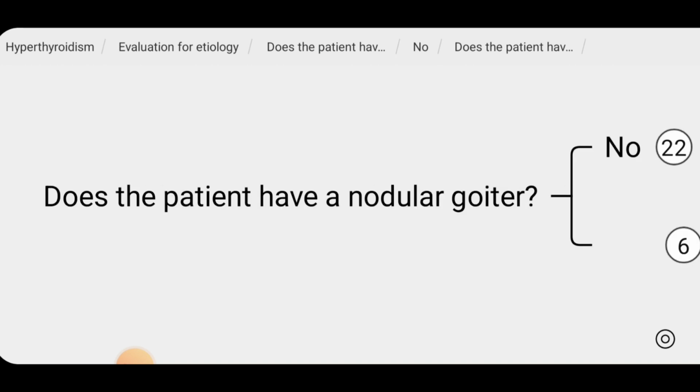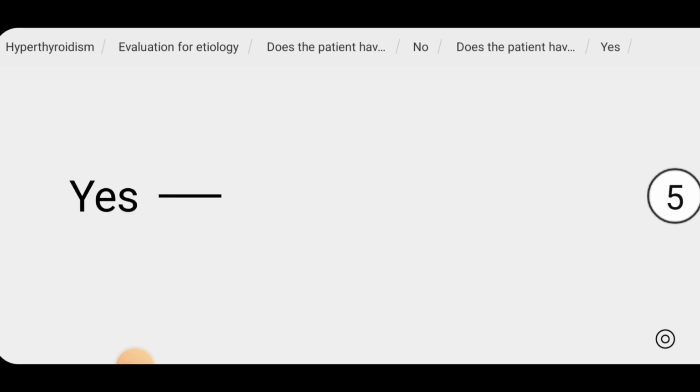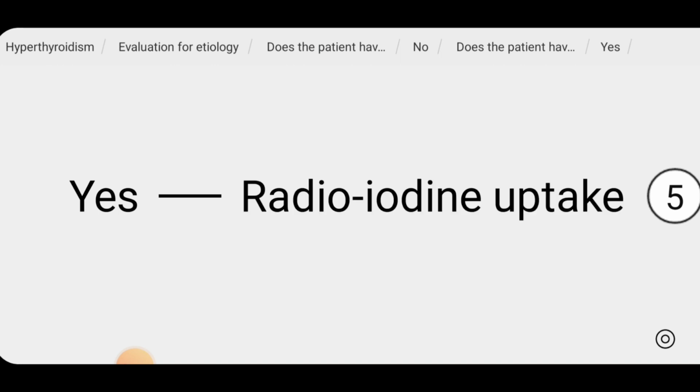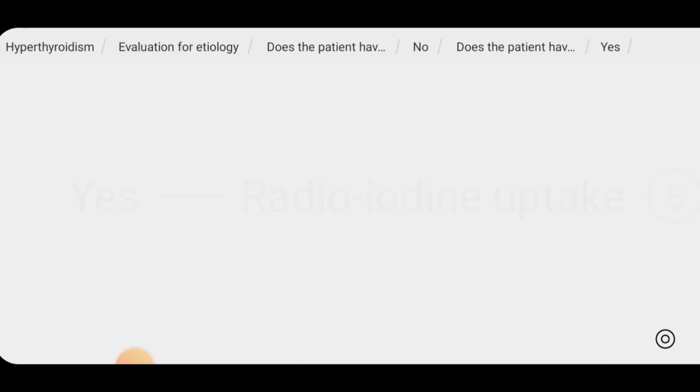So assume that a patient presents with hyperthyroidism and the patient doesn't have ophthalmopathy or a diffusely enlarged goiter, but the patient has a nodular goiter. So a nodular goiter with hyperthyroidism, to come to a diagnosis, we can do a radioiodine uptake scan.